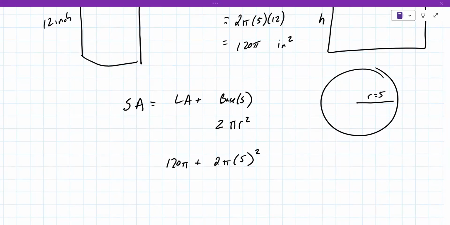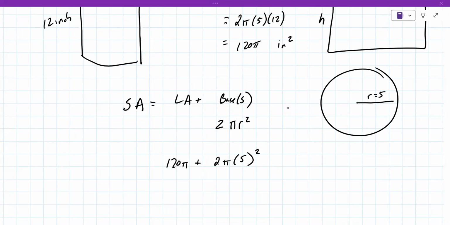2 pi r squared, which gives me, in this case, let me not give you the exact. Just do exact first, and then if you want, you can go to the calculator. That's totally up to you. So 5 squared is 25 times 2 is 50.